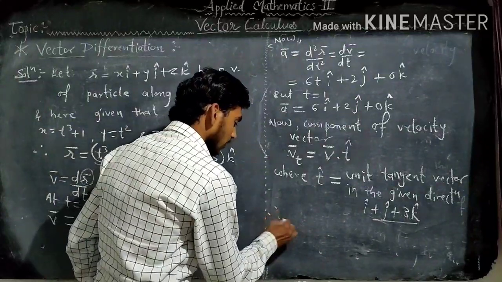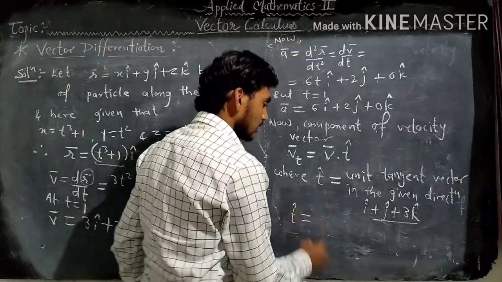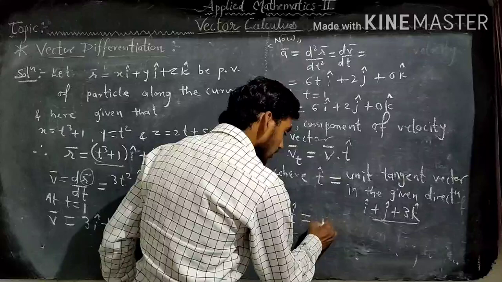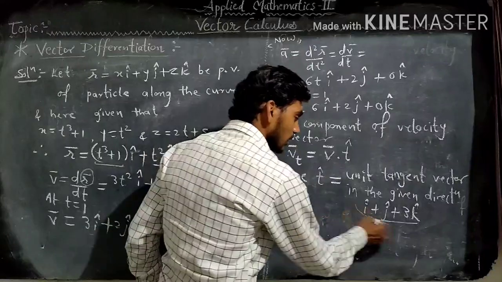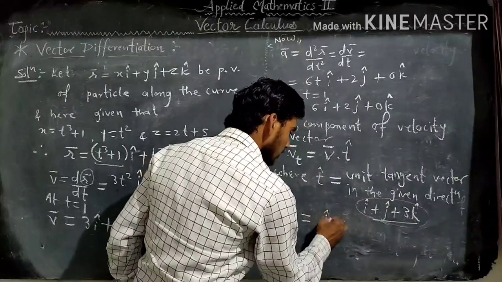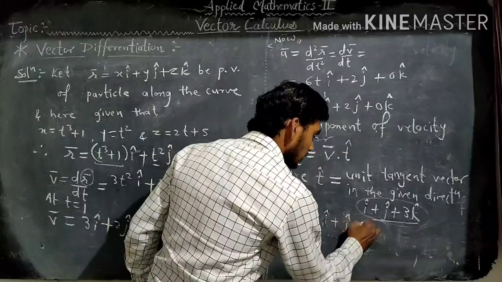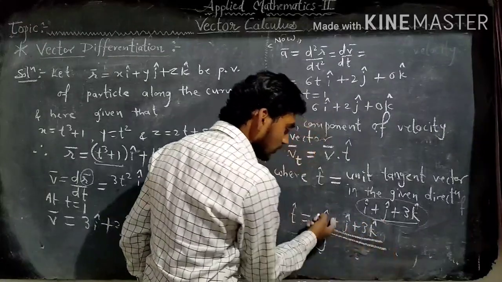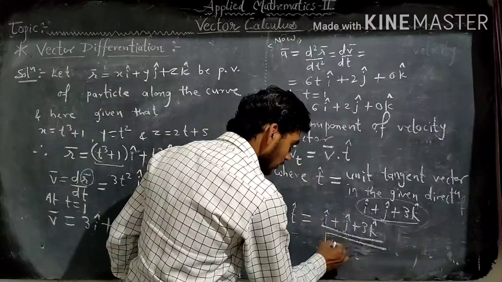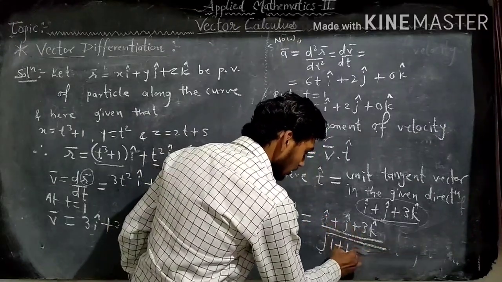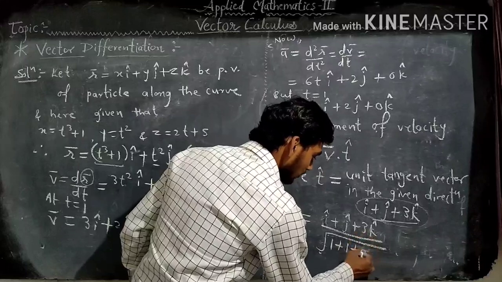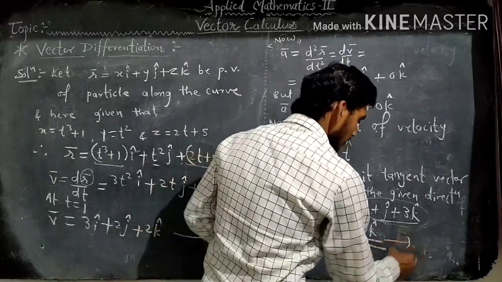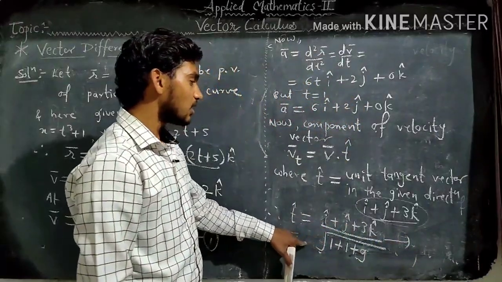Therefore unit tangent vector t is nothing but vector upon its magnitude, that is vector i plus j plus 3k divided by magnitude of this vector, that is 1 square plus 1 square plus 3 square, which is 9, so 1 plus 1 plus 9 is 11. This is by definition of unit tangent vector.